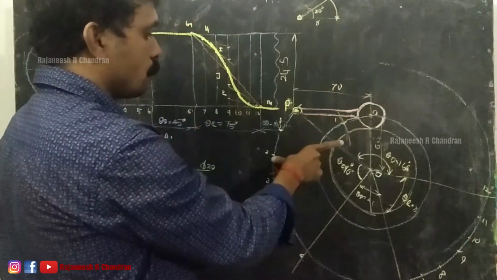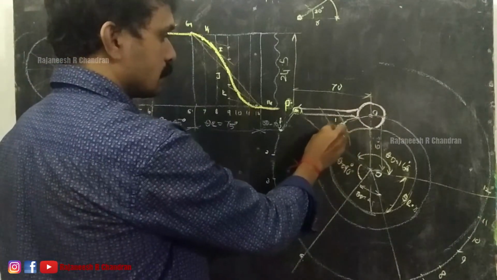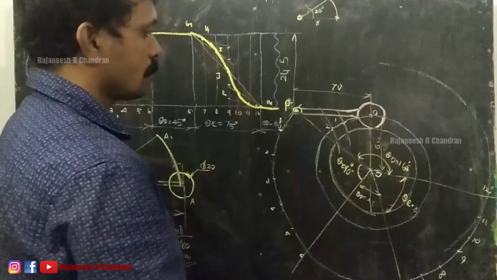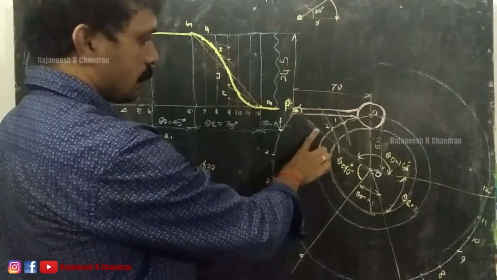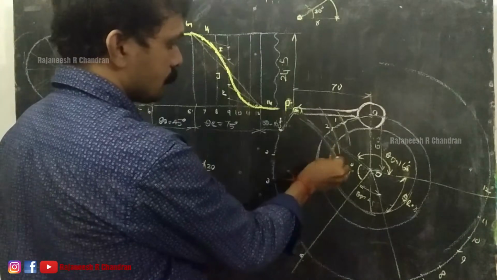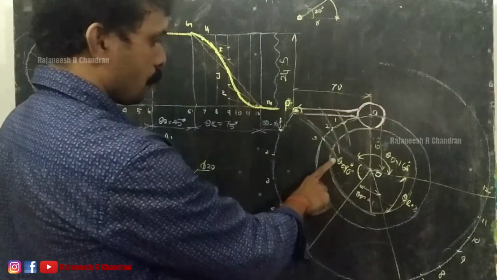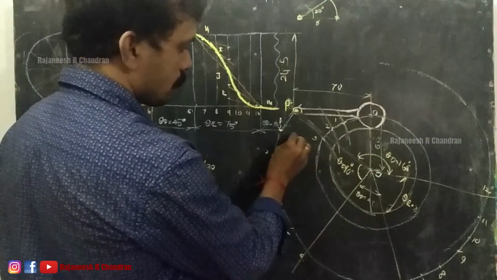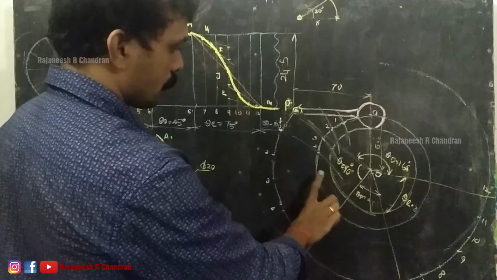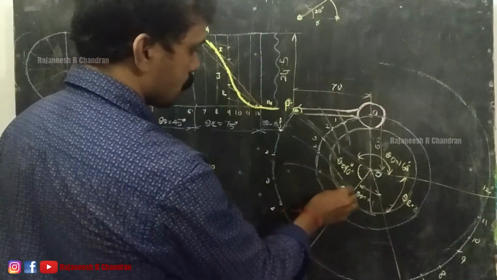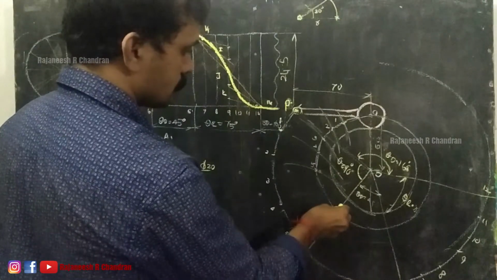Again, from 2, draw an arc like this. Mark this as 2. From 3, draw an arc like this. So this will be 3. From 4, draw an arc like this. From 5, draw an arc like this. From 6, draw an arc like this.